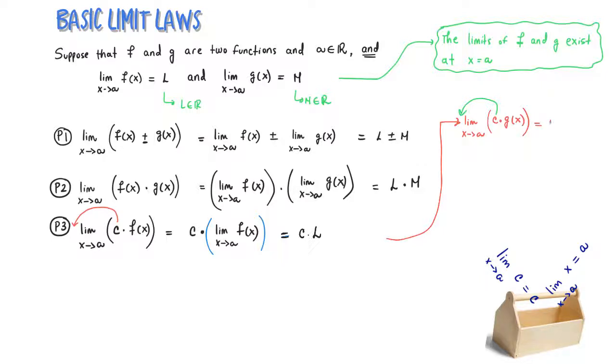So this will be c times the limit as x approaches a of g of x. And this limit right here, we know that this limit is equal to m. So the final answer will be c times m, where m is the value of the limit of g of x.